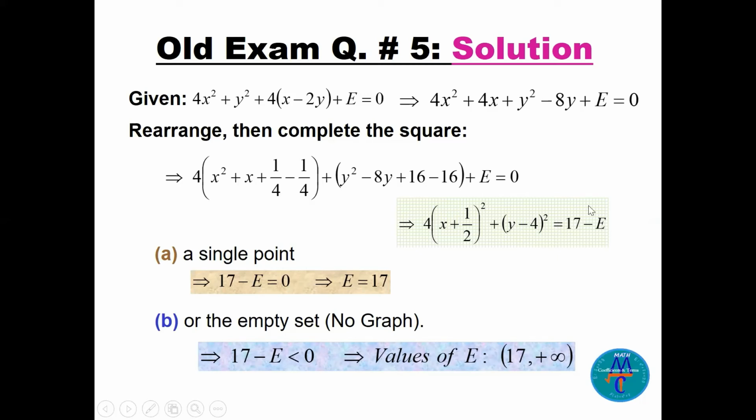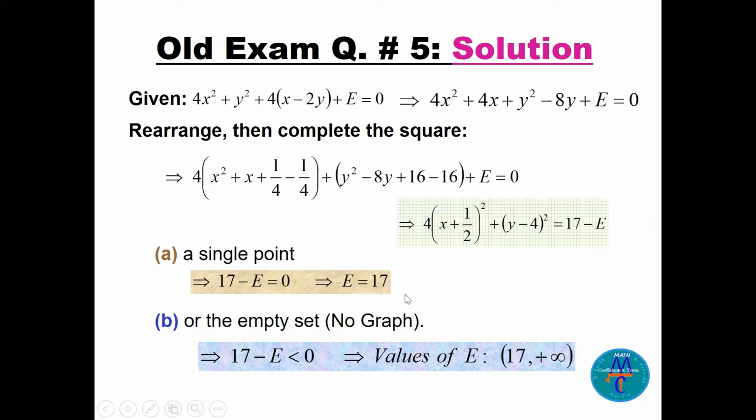This is the constant, the number on the right side. Now, if this is a single point, that means something squared plus something squared should be 0. So 17 minus e equals 0, so e equals 17.